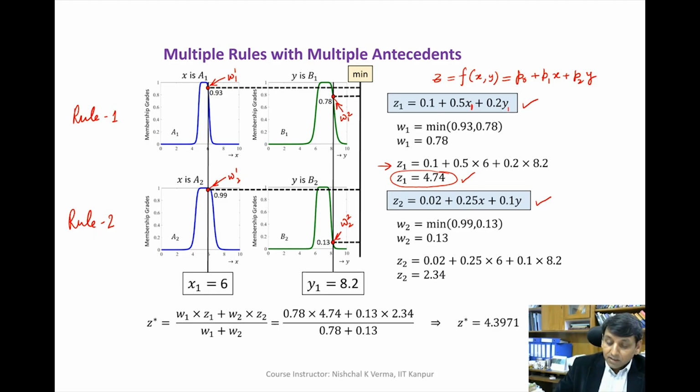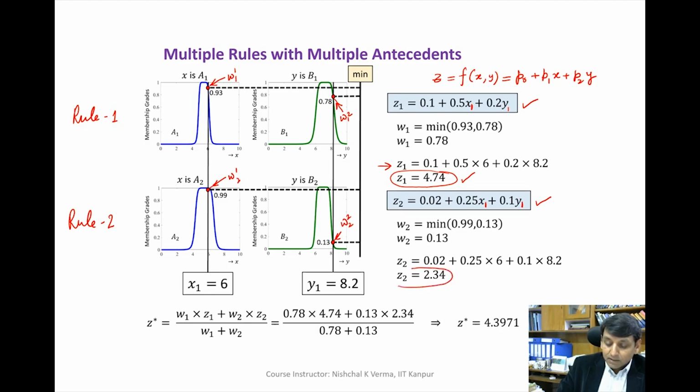So similarly, now we use rule number 2 and find the Z2. On the same lines, when we use x1 and y1 as the input, Z2 for the same x1, y1 we are getting as Z2 equal to 2.34.